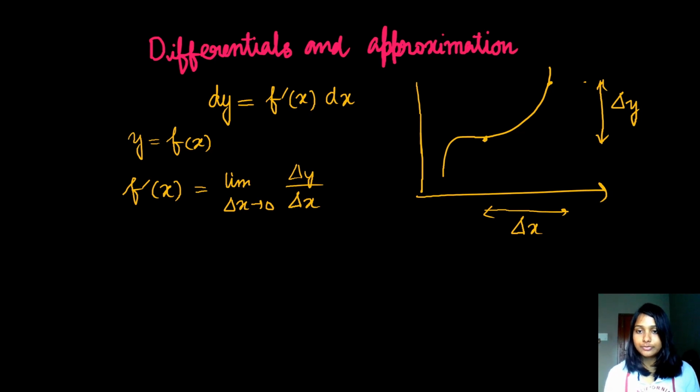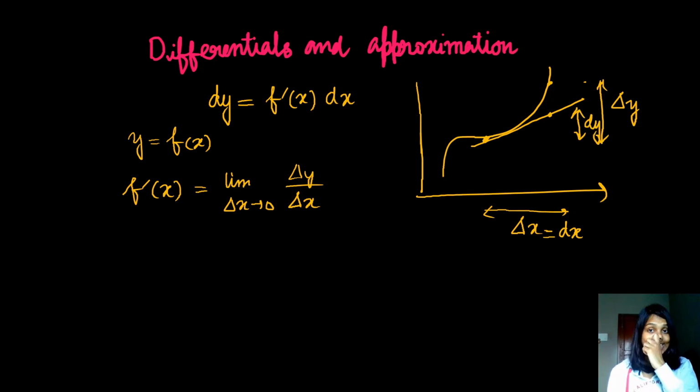So if we want to find out the derivative, this is it. For the original curve, the increment can be written as delta y and delta x, but for the tangent it can be written as dx, and the same way, the increment in the direction of the tangent is dy.